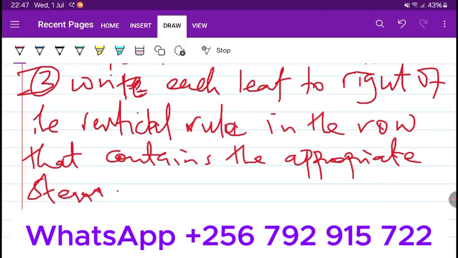Now, in the same row, we write on the right side of the vertical rule what we call the leaf, but it has to be in the corresponding row where we wrote our stem.